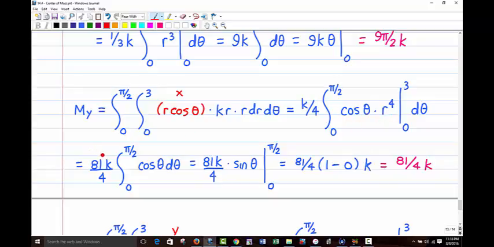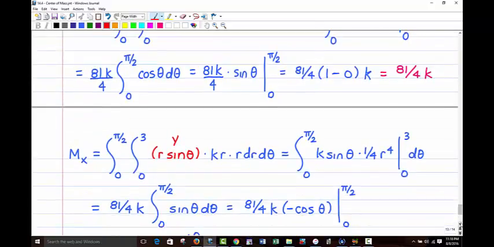So that gives me 81k over 4 on the outside from 0 to pi over 2 of cosine. Antiderivative of cosine, of course, is positive sine. So sine of pi over 2 is 1, sine of 0 is 0, so that just produces a 1. K still there, so you have 81 over 4 k as your my moment.